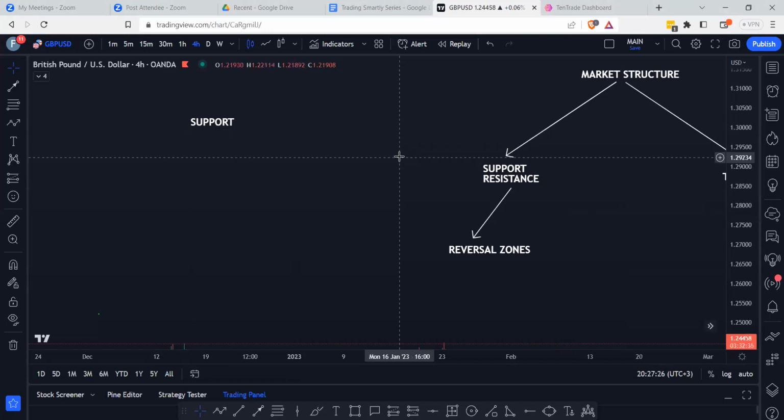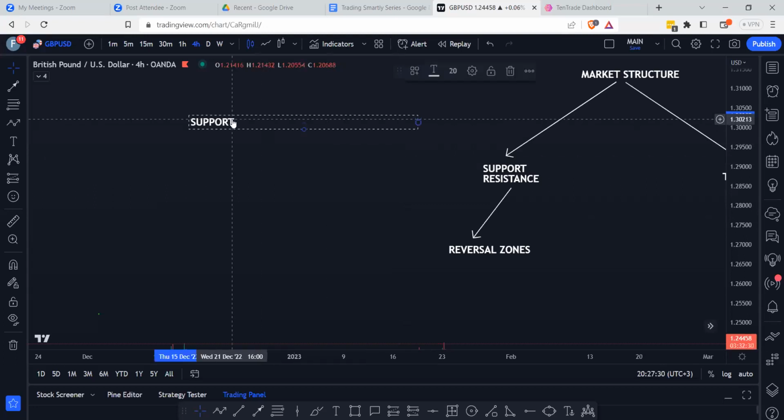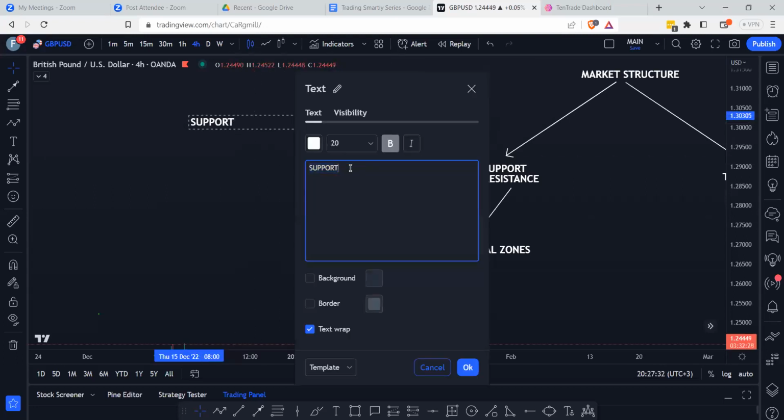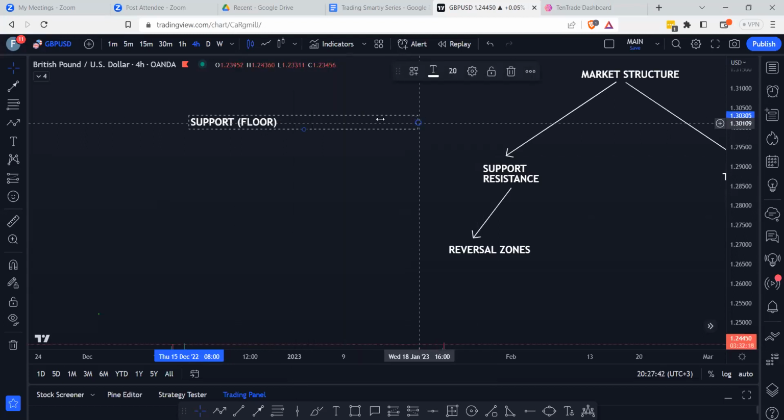A support is an area of the market that acts as a floor. So when you hear support, think about something on the ground, a floor. When you throw your pen on the floor, most likely it will not go beyond that floor, and you see your pen bounce off the floor.